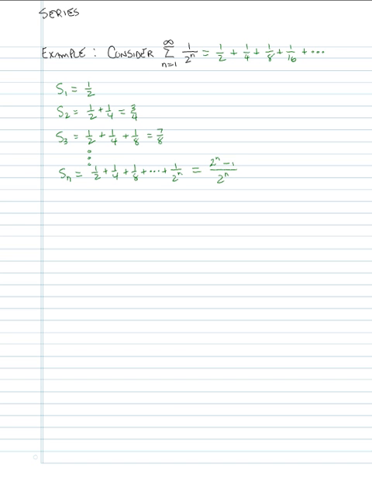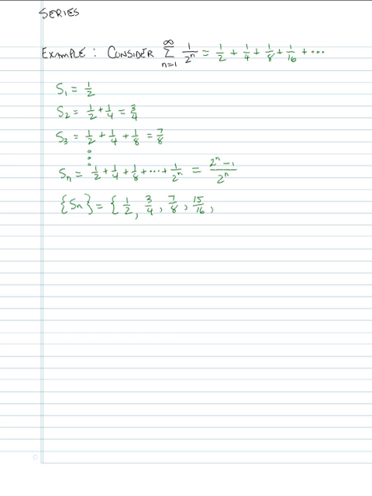So what we're going to see when we look at this sequence of partial sums is going to look like this. The very first entry will be the first partial sum, which is 1/2. The next entry will be s sub 2, which is 3/4. The entry after that will be s sub 3, which is 7/8. The entry after that will be 15/16.